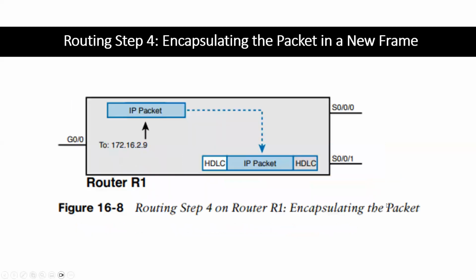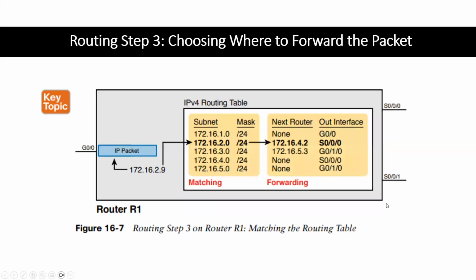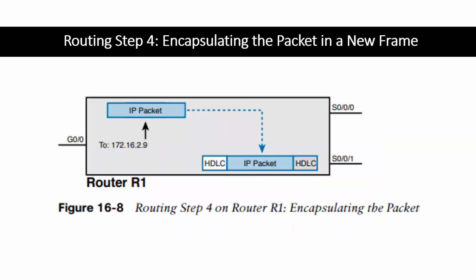So let's keep going. We already talked about Nick's router choosing where to forward the packet, and it knows where to send it. Now, once his router knows where to send it, it says, all right, this Amazon package is ready to be shipped.